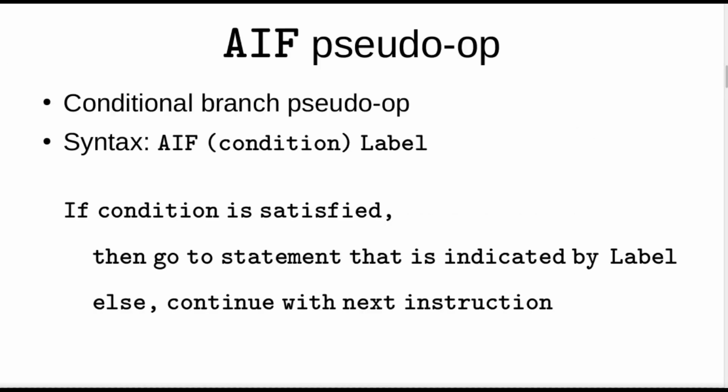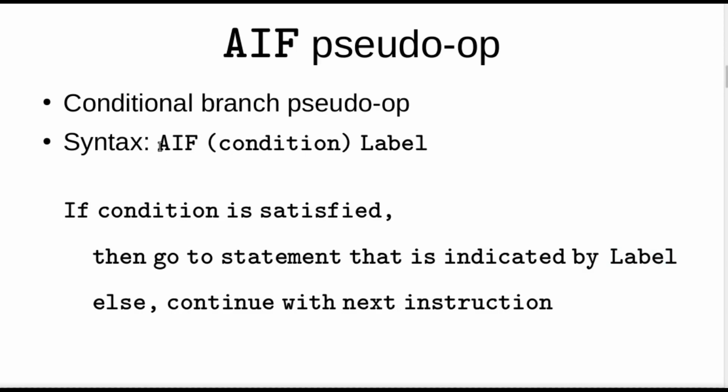Okay. So the AIF pseudo op is a conditional branch pseudo op. There are two keywords here: the first one is conditional, the second one is branch. That means if a condition is satisfied, then go to the statement indicated by the label, else continue with the next instruction.